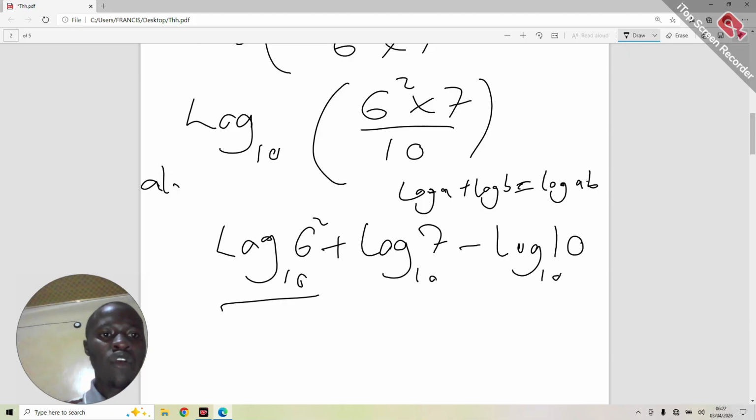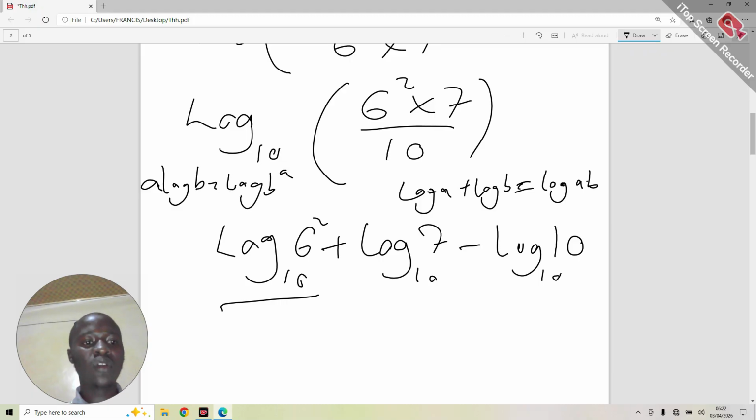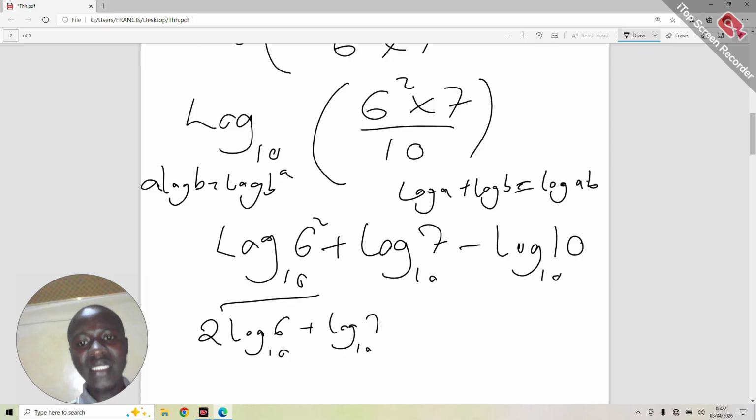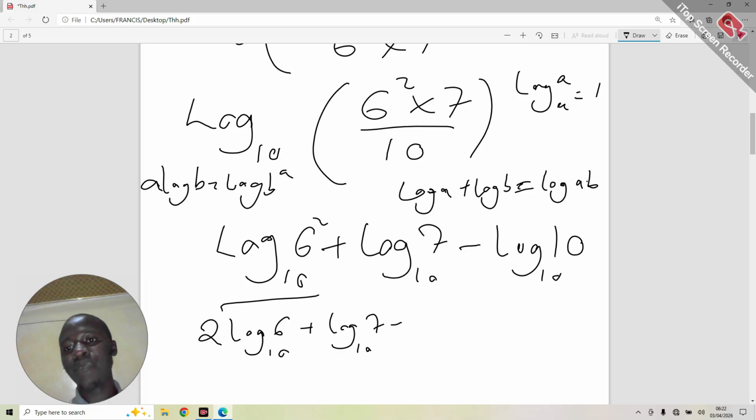That log A to the power B is the same as B log A. So it's just vice versa. So here I shall have 2 log 6 of base 10 plus log of base 10 7 minus, what is log 10? Just 1. Remember there is a law that says log of A base A is 1, and that is what is happening here. Log 10 base 10, the answer is 1.